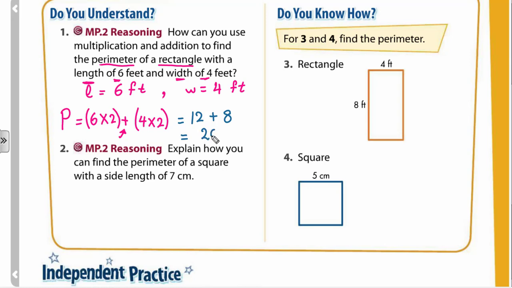So 20, and the unit here is feet, like the question. Okay, 20 feet. Yes, so the answer is 20 feet. Thank you, my hero. Okay, let's move to the next one.